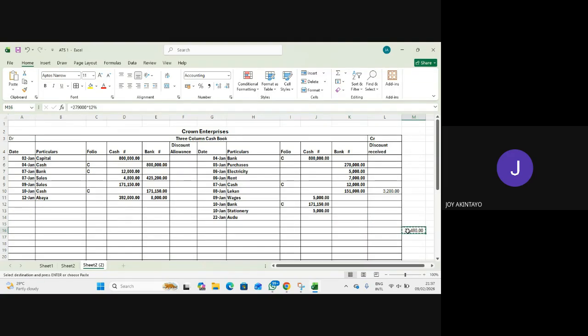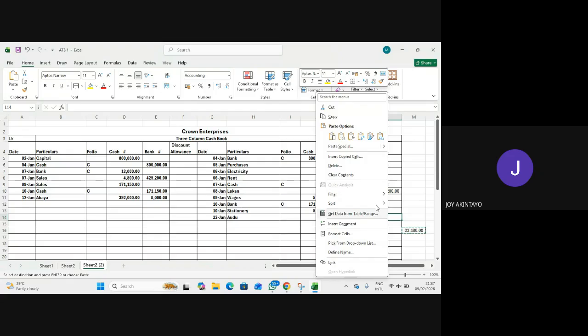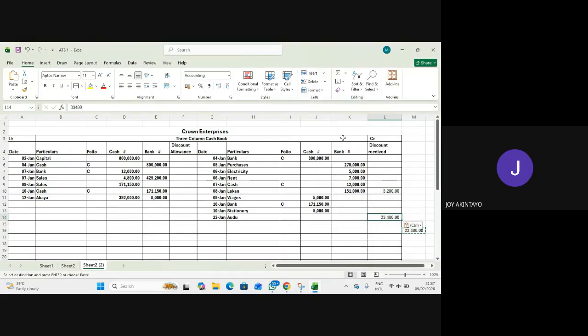Then our net amount is just minus your discount from your gross amount. Take 33,480 away from 279,000. How much do we have?